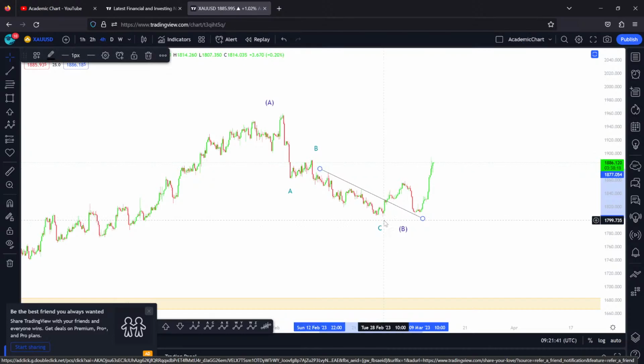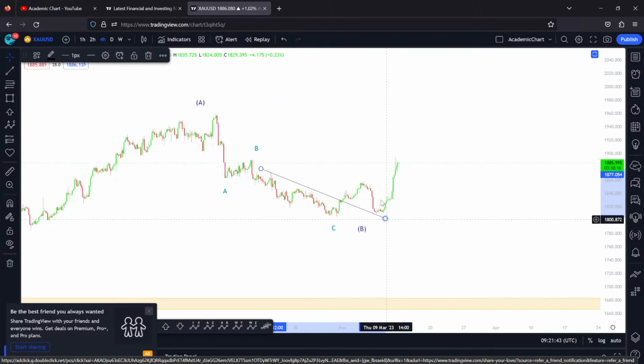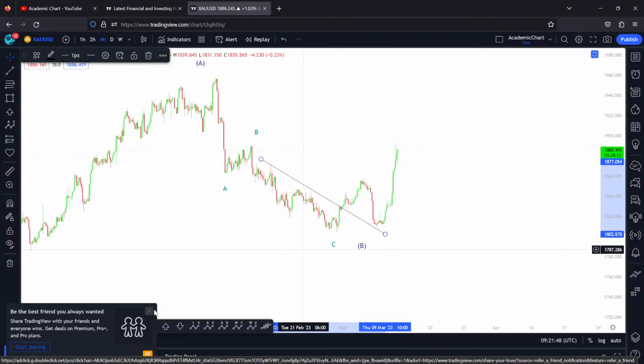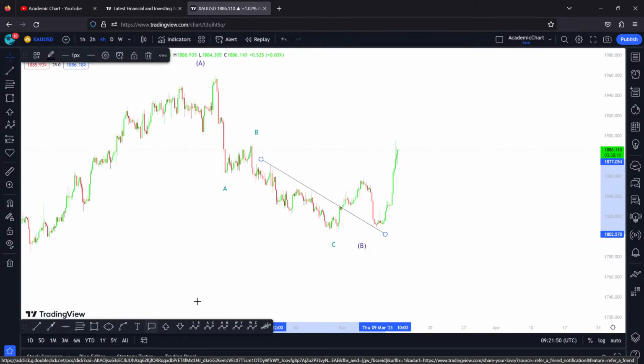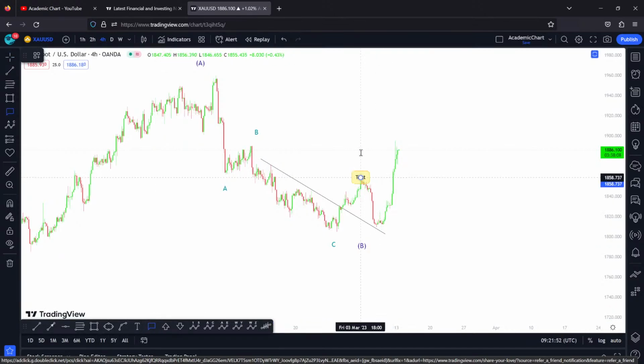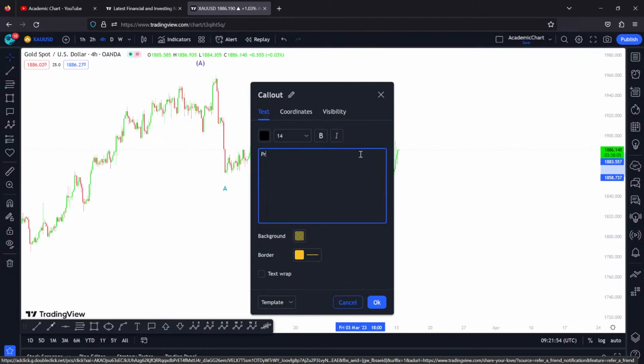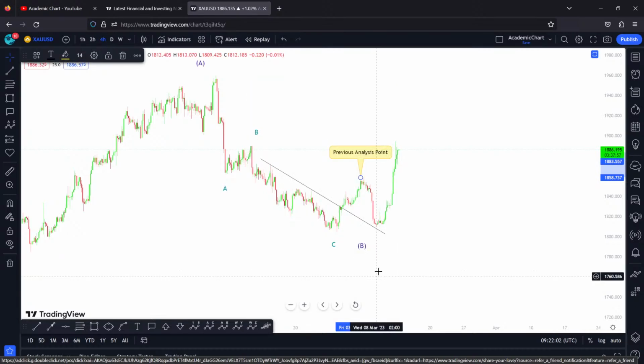So after this has been done, this C, I can actually draw my trend line here. When we were discussing this previous time, we were here. So let's call this out as the previous analysis point that I shared with you.